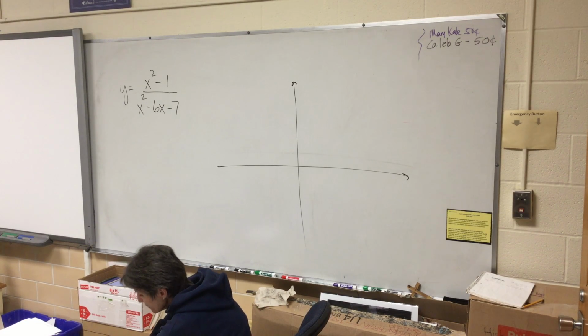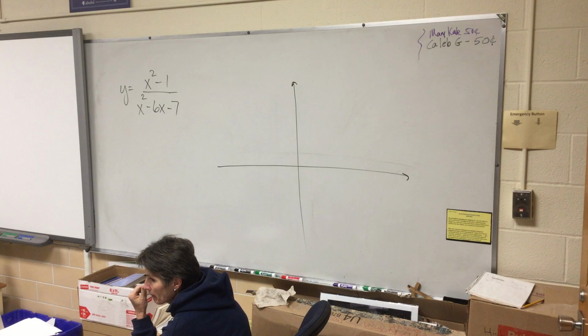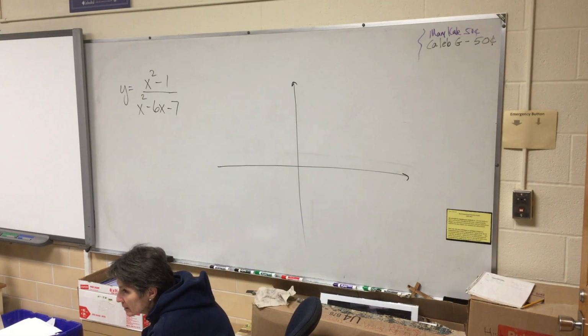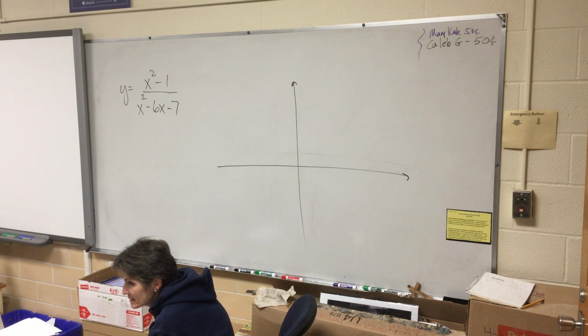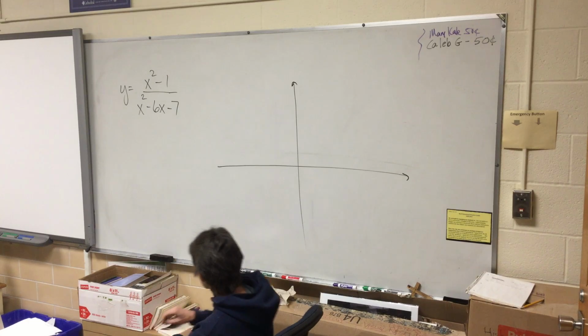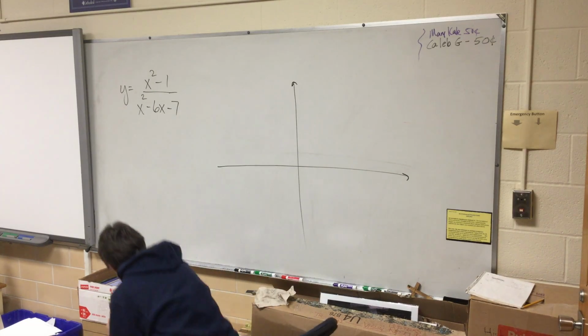Essence, did you get it factored? I did, Miss Ford. Okay, I need to hear from Essence though. Essence Smith, you got it factored? No. Uh-oh. Is it x minus 1, x plus 1, and x plus 1, and x minus 3?